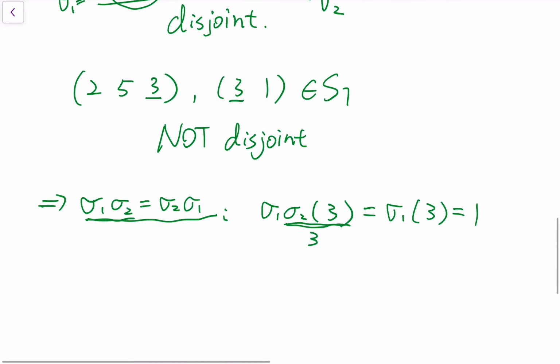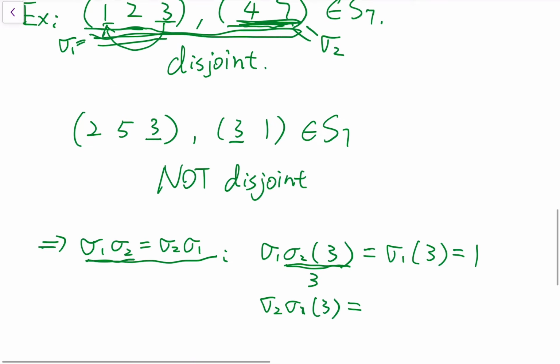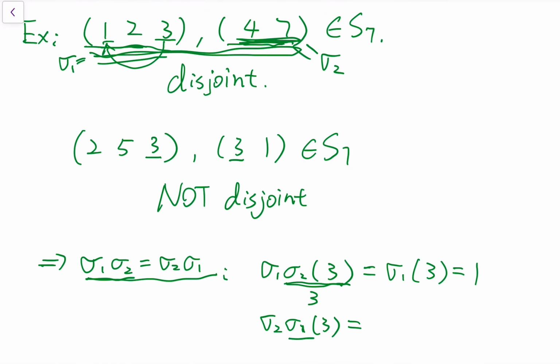And then sigma 2 sigma 1 on input 3: we apply sigma 1 first and get 1, then apply sigma 2 to the result 1. Because 1 is not in sigma 2, it fixes 1, so we get 1. So those are equal to each other.